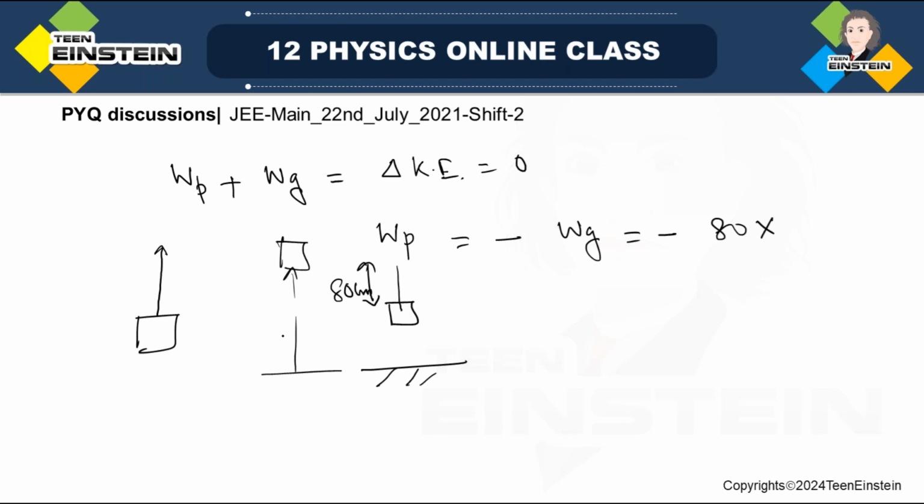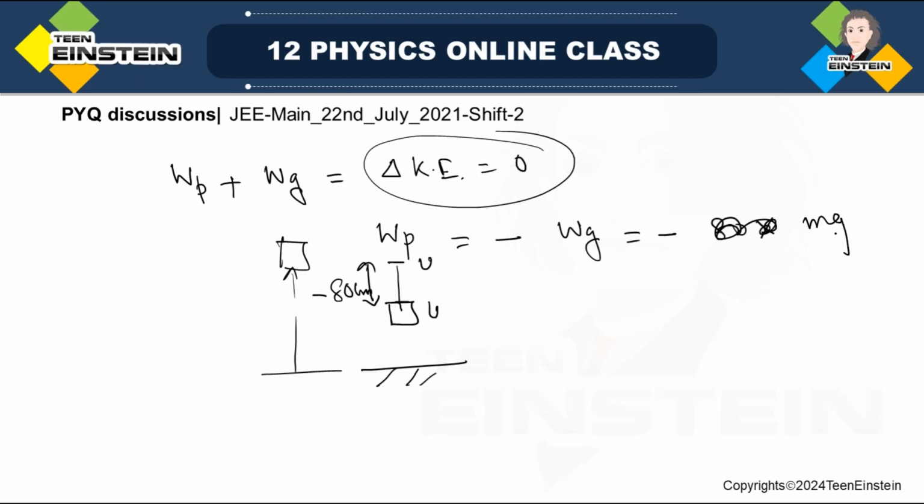I think this is the better understanding of the question. It is done with a constant speed. That means the speed here is v, and here is also v. With constant speed there is no change in the kinetic energy. Now this distance, from here to here, I take as a minus height. So mgh will actually be minus mgh.